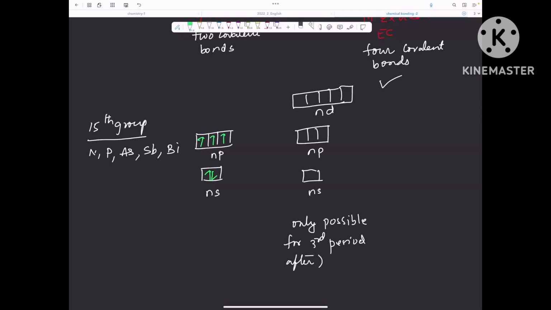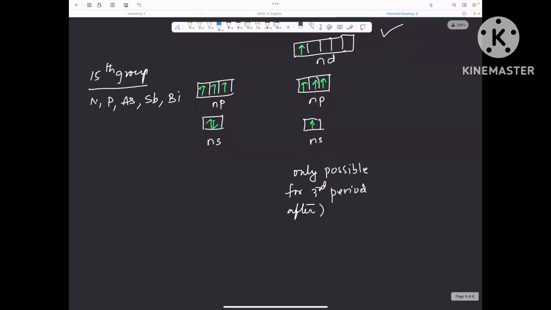Now, let us excite one of the ns electrons to nd. One of the ns electrons will be excited to nd. So this is what we call the ground state electronic configuration, and this is the first excited electronic configuration.